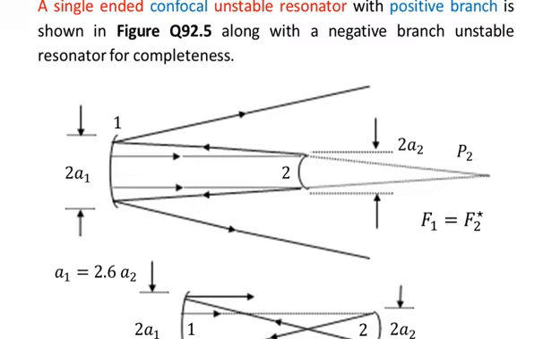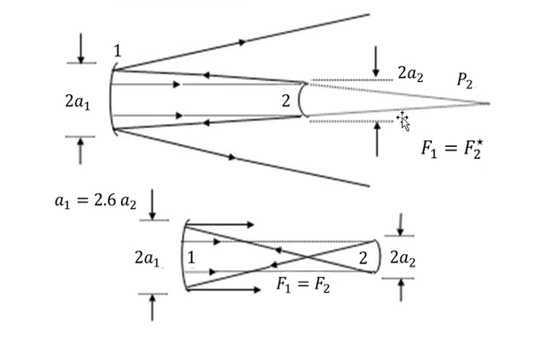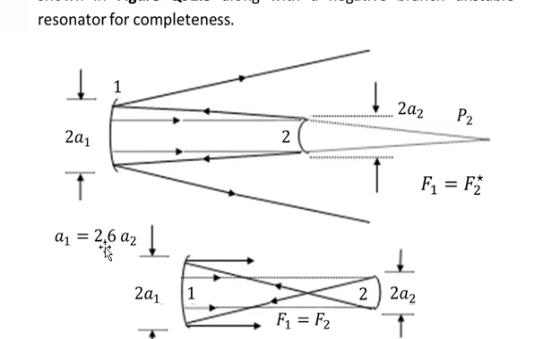But both have the same focal point: the radius of curvature for mirror 1 starts from point P2, and similarly the radius of curvature for mirror 2 starts from point P2, but it is labeled as f2 star over here. So for this system we have defined the magnification: A1 is equal to 2.6 times A2. That is, the radial dimension of the mirror 1 is 2.6 times the radial dimension of the mirror 2, as given over here.